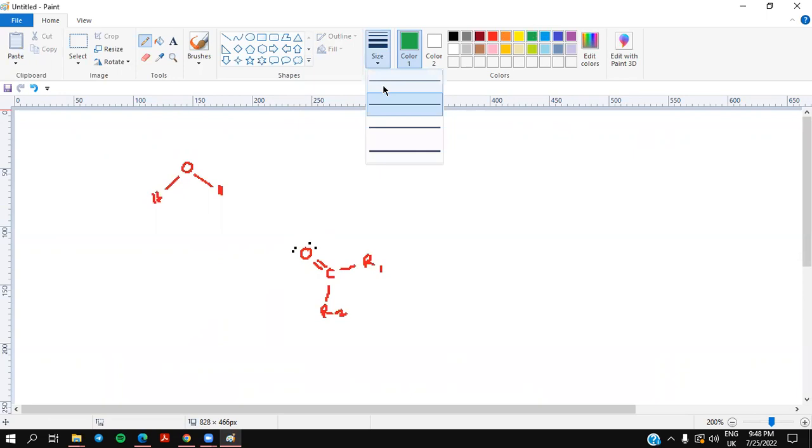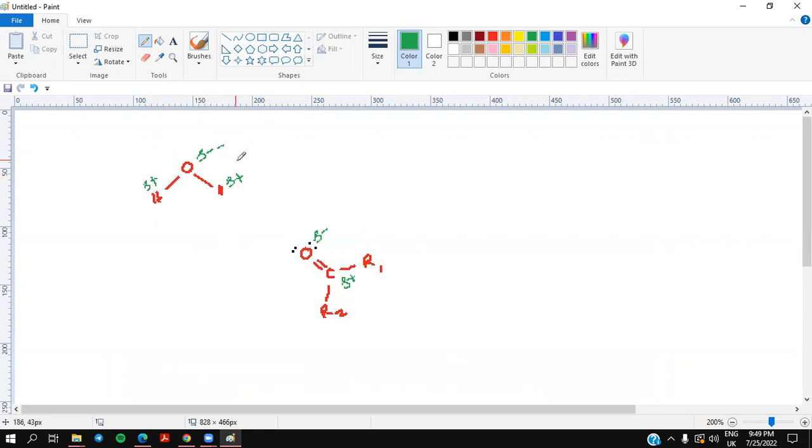In addition, in this carbonyl functional group, this oxygen is delta negative and this carbon is delta positive. Similarly, in the water molecule, oxygen is delta negative for the delta positive of this hydrogen. The other hydrogen is also delta positive, and it also gives a negative charge to the oxygen atom in the water molecule.